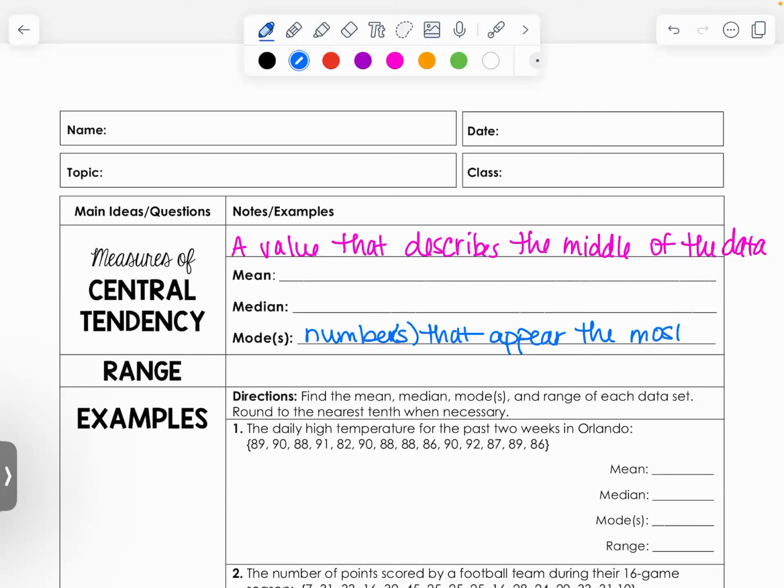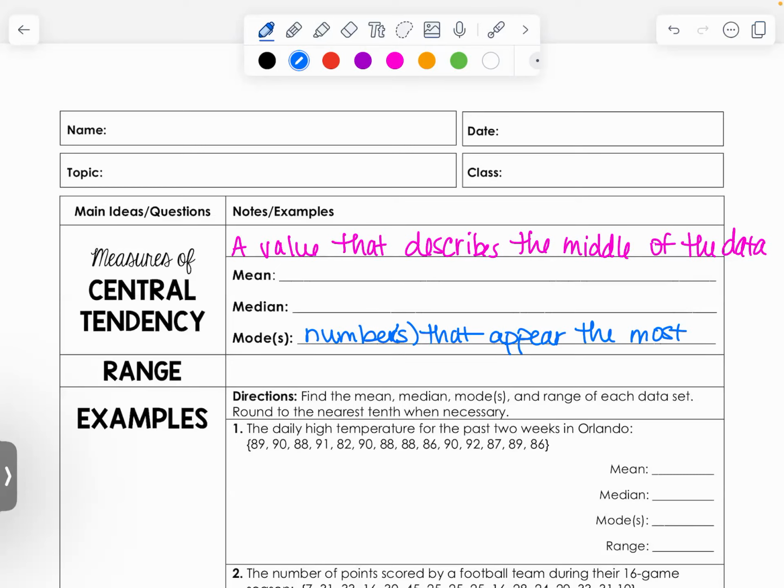Can you have more than one mode? Yes. If you have a number that appears the most, but there's a tie, like 5 appears 10 times and 17 appears 10 times, then they're both modes. So then there would be no mode.